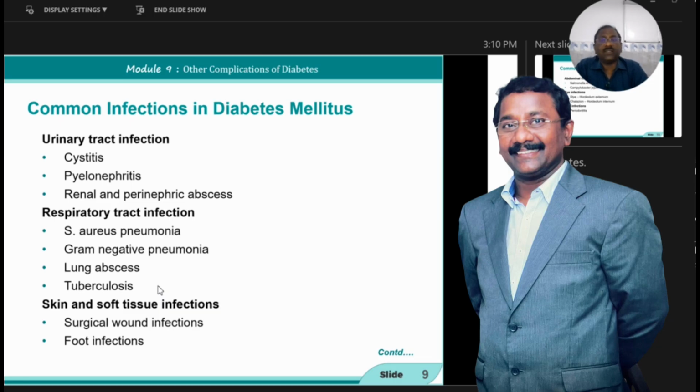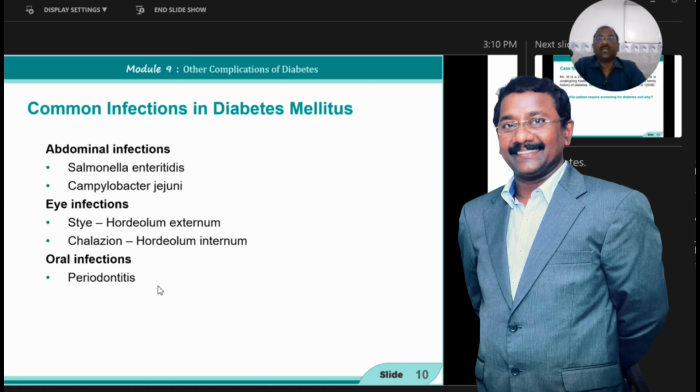So these are all very, very common in our routine practice. Foot infections, I told you, a very costly subject. I think the foot infections cost will be more than your CABG, more than your PTCA. I know some people who spend nearly 10 lakhs for their foot infections to save their foot.